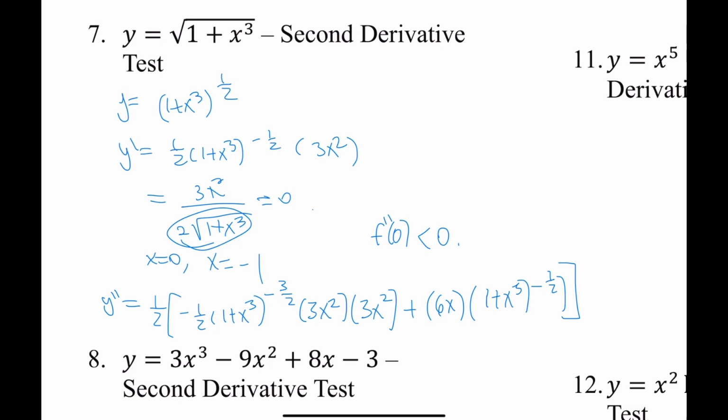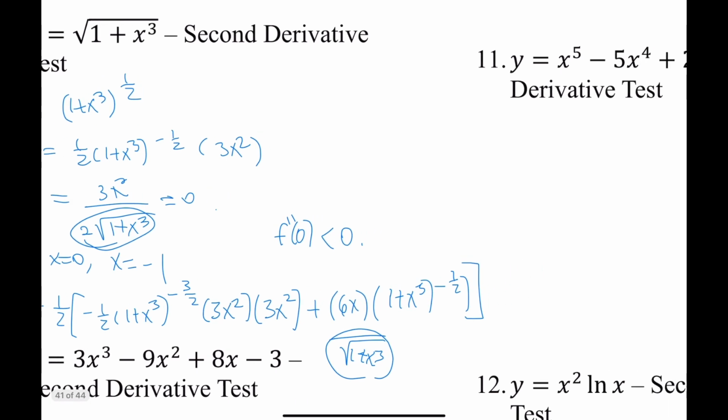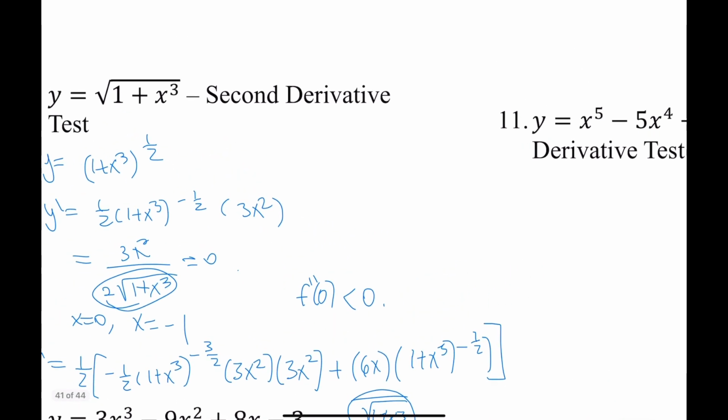Negative 1 gives us an error, which probably means that y double prime ends up with this as a denominator, which is why it gives us an error at negative 1. So I think the only relative extremum that we have is at 0. So a relative max at (0, 1). This will be our answer.